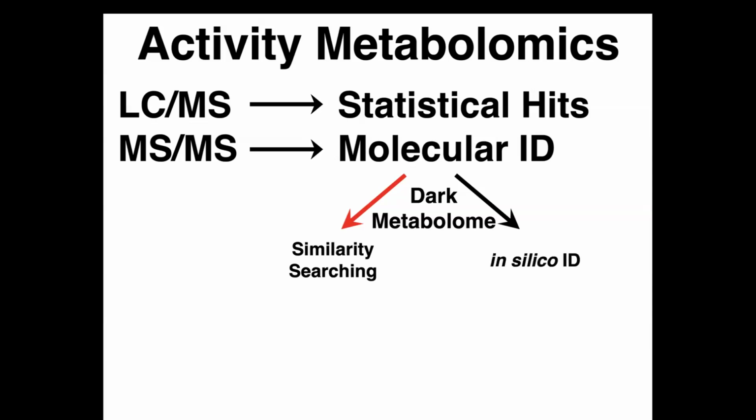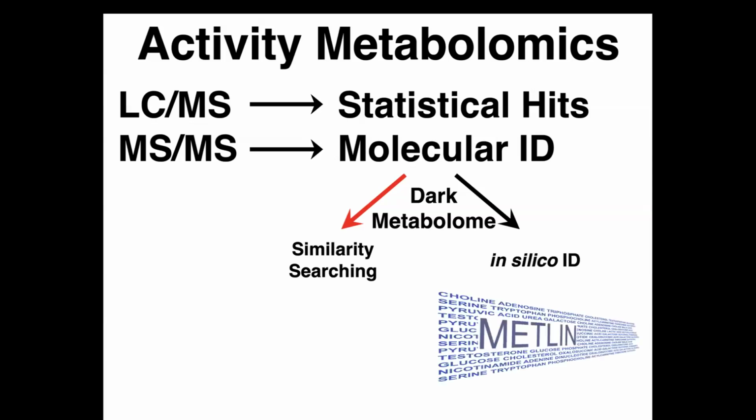So one of the things we did very early on was we tried to use in silico generated identifications based on MSMS data, trying to use that information to populate Metlin with more MSMS data based on what was predicted from the structures of these molecules.